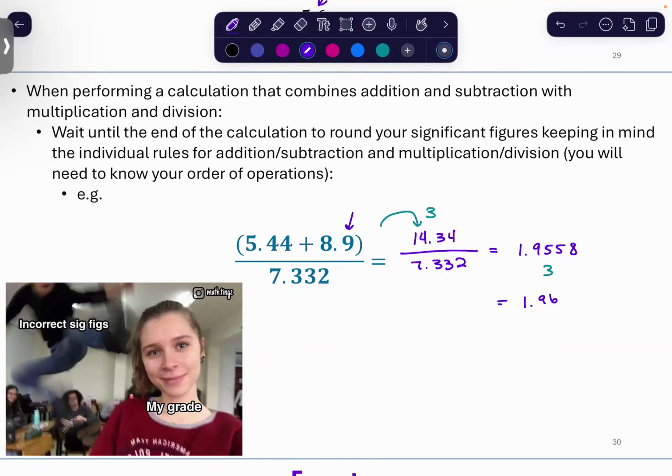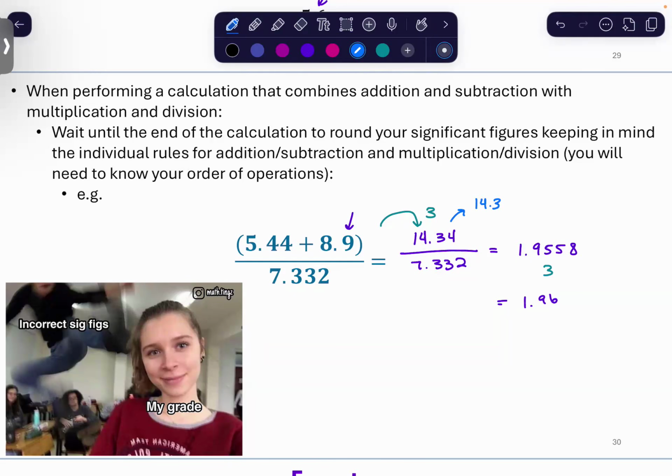Now, if you had rounded the addition before you did the division, you still would have gotten very close to the answer. You would have gotten 1.95 because you would have rounded this 14.34 to 14.3, and then you would have divided. And so you see that the proper rounding for the addition gives you 14.3.